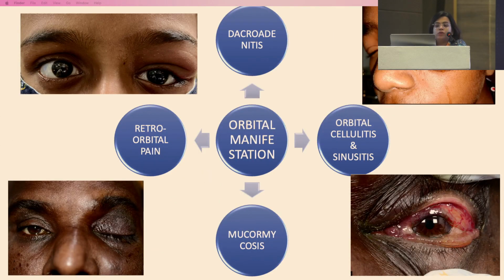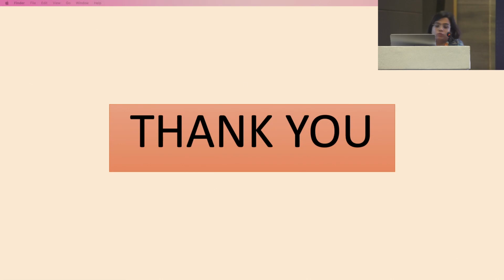And to just touch upon the orbital manifestations of COVID-19, mucormycosis, as we are all aware, has been a disaster in the COVID-19 era. Besides this, there have been reports of patients presenting with orbital cellulitis and dacryoadenitis, and a few with a retro-orbital vein thrombosis. Thank you.